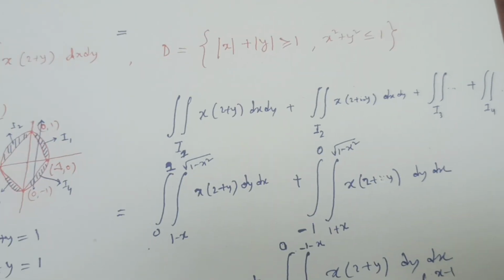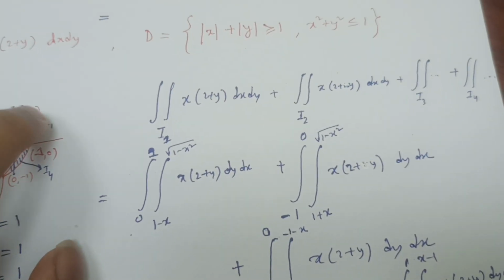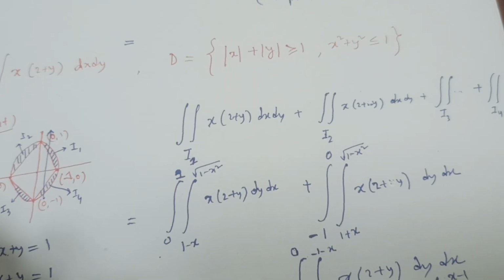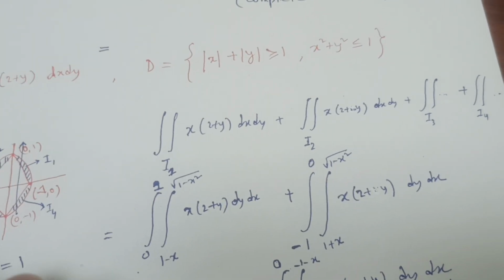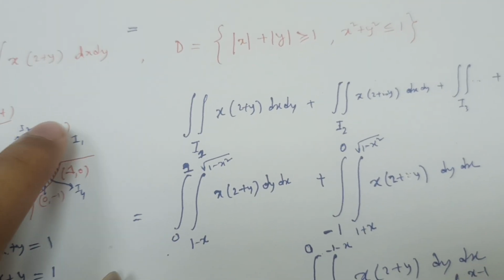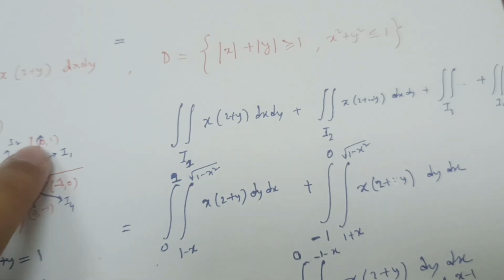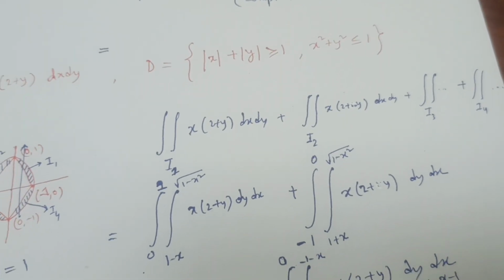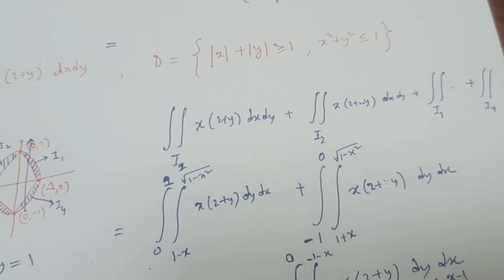Now let's see I1. The limits of the y coordinate will be this line, which is equal to 1 minus x, to the circle.